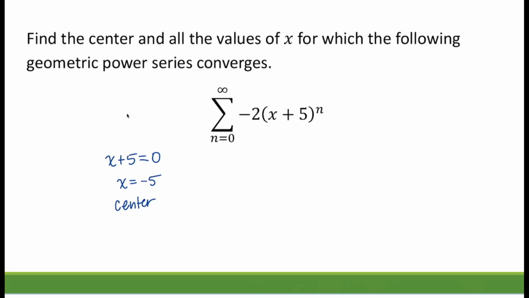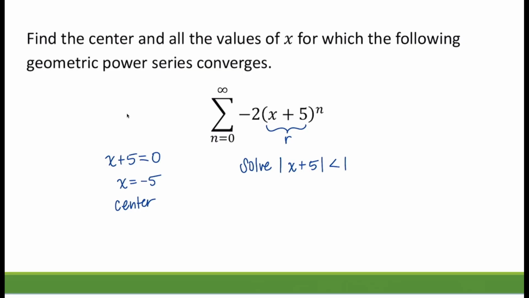And then to find all the values of x for which the geometric power series converges, what we need to do is recognize that our r value is the quantity x plus 5. If we want to solve when a geometric series is convergent, it's when the absolute value of r, so the absolute value of x plus 5, is less than 1.